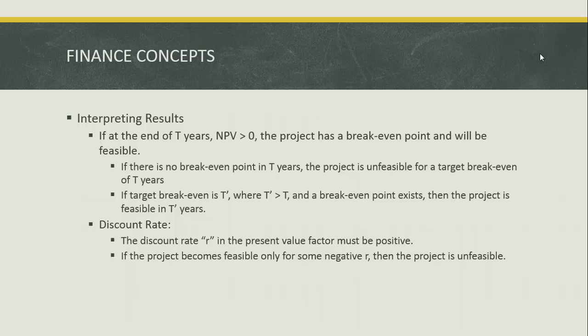It is still unfeasible in T years. Discount rate, R, is a positive number. If the project becomes feasible only at some negative R, that means that the project is actually unfeasible because R, the discount rate, can never be negative.